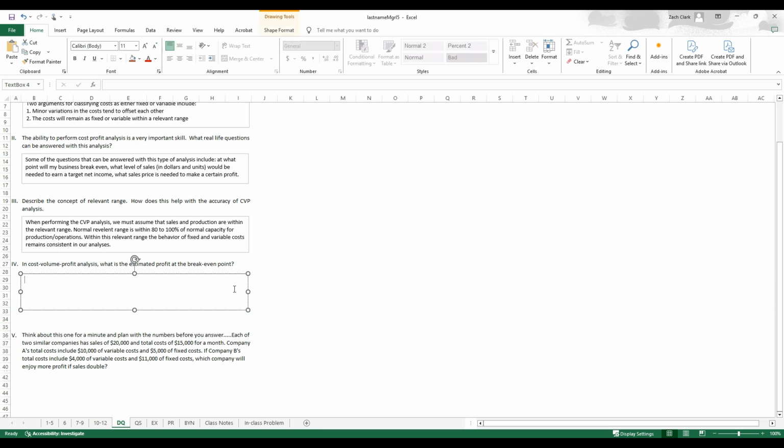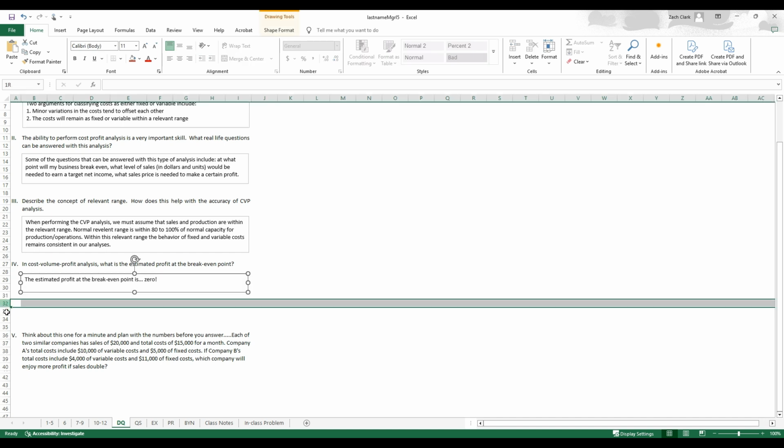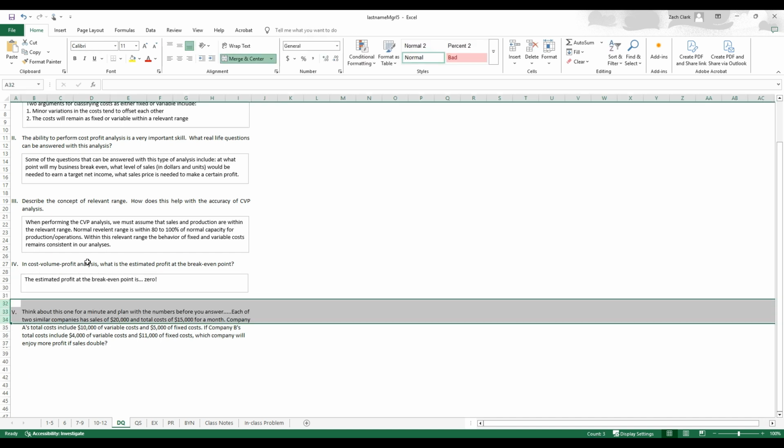Okay, in cost volume analysis, what is the estimated profit at the break-even point? The estimated profit at the break-even point is 0. Nothing, right? That's the whole point. That's just the level of sales at which we break even. We don't earn any profit.